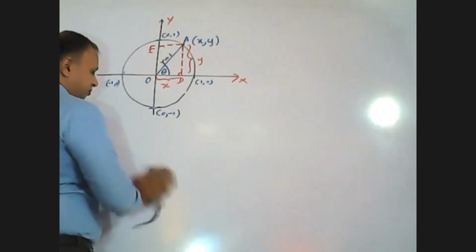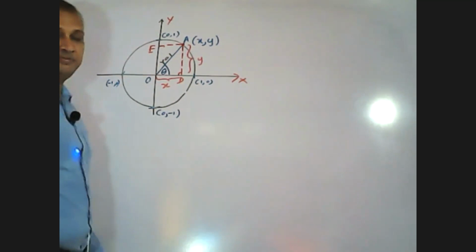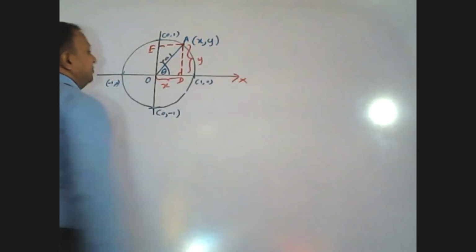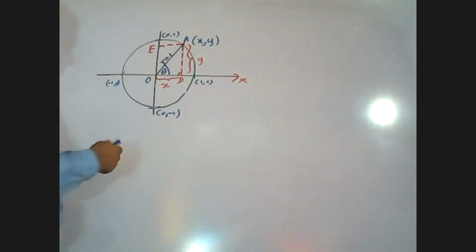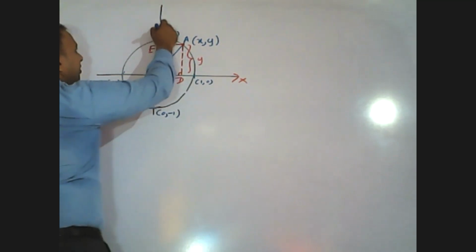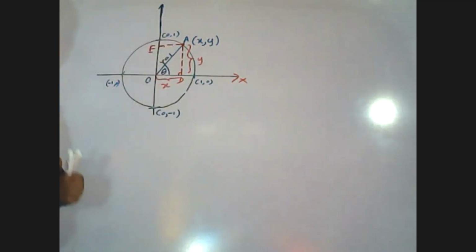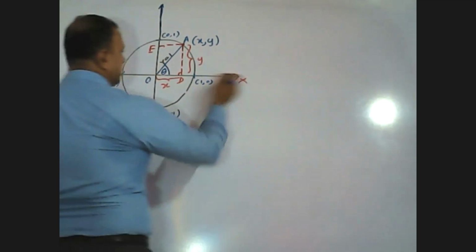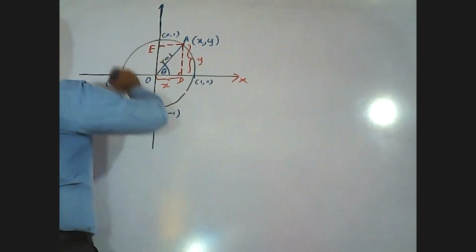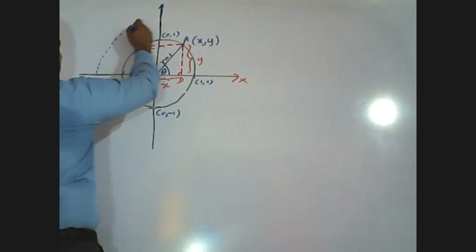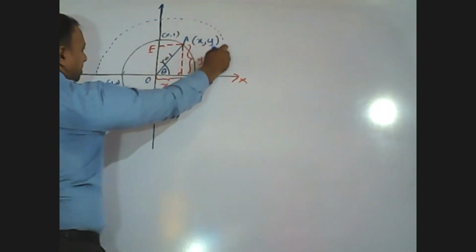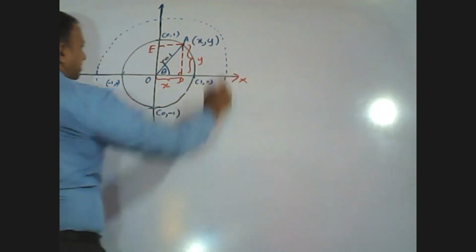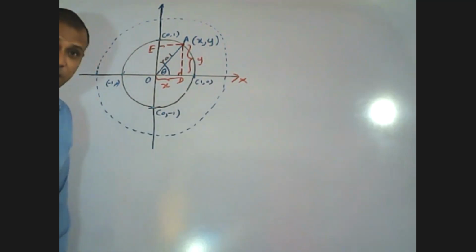Now I will explain why I use a unit circle instead of any radius. Suppose I have drawn a circle larger than the unit circle.